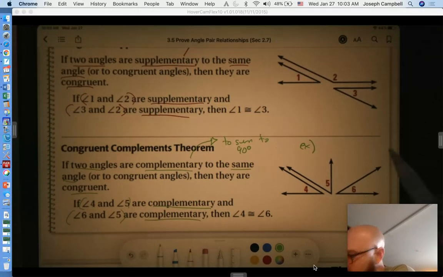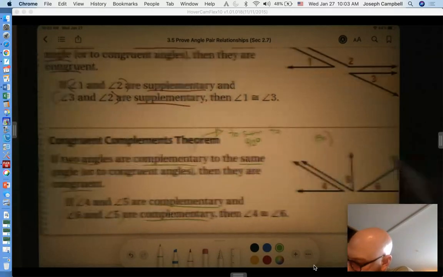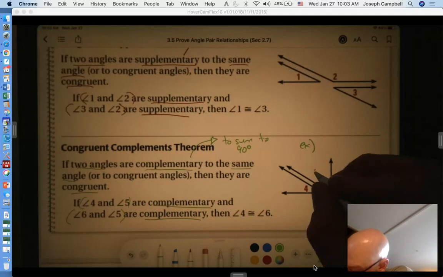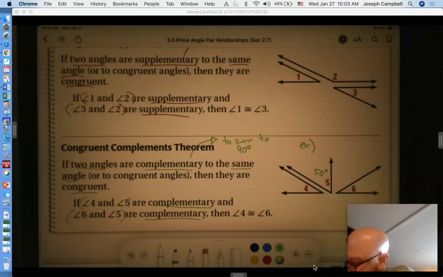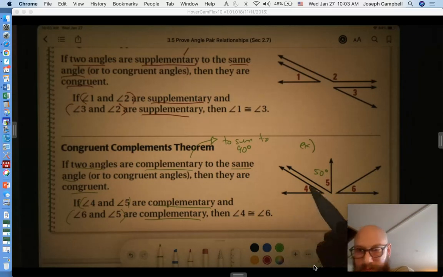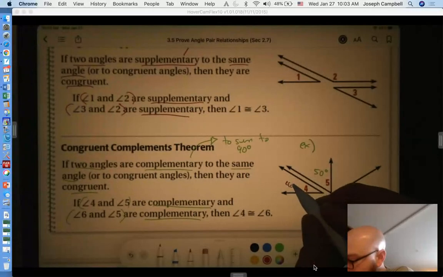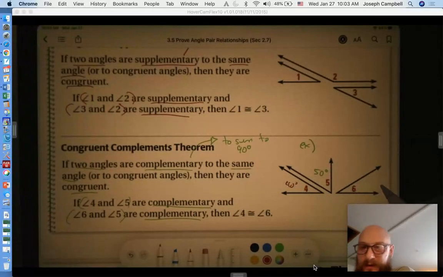Get it? Okay. So if this was, let's say, 50 degrees, what must 4 be if 4 and 5 are complementary? 90 minus 50 must be 40. If 5 and 6 are also complementary, what must 6 be? Oh, it must be 40. What do you notice?